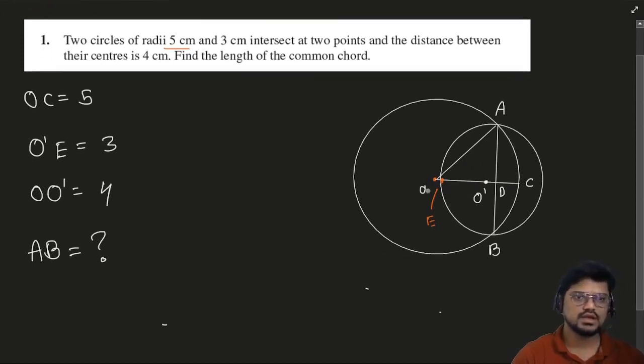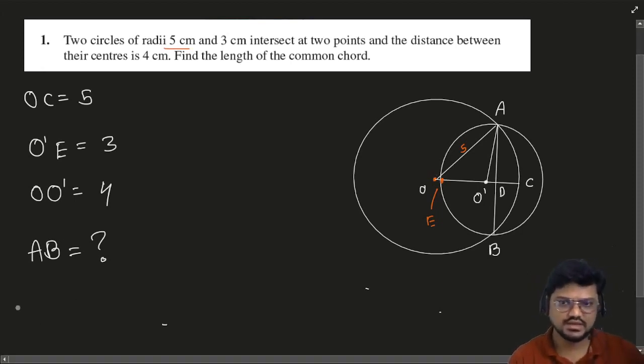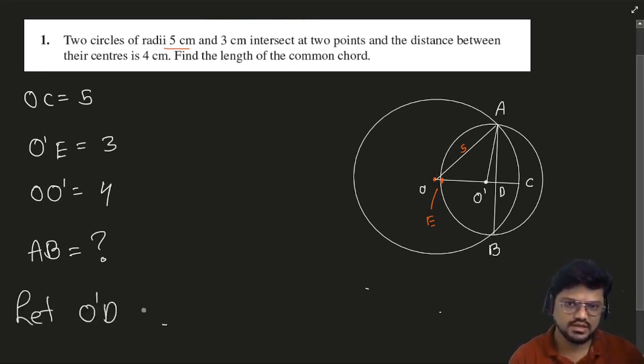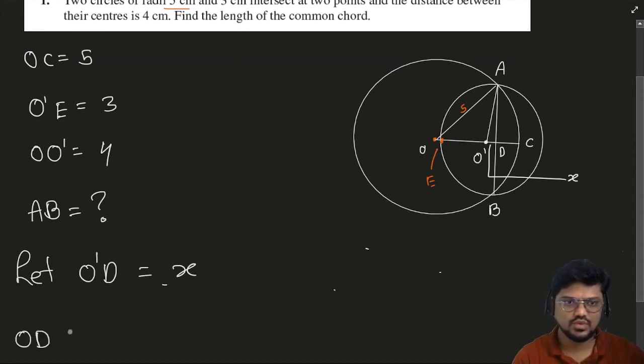We know OA, we know O dash E. Do we know OD? No. Let us consider O dash D equals X. Let us consider this distance as X. So OD will be how much? Because we know OO dash is 4 and O dash D is X, OD will be 4 plus X.